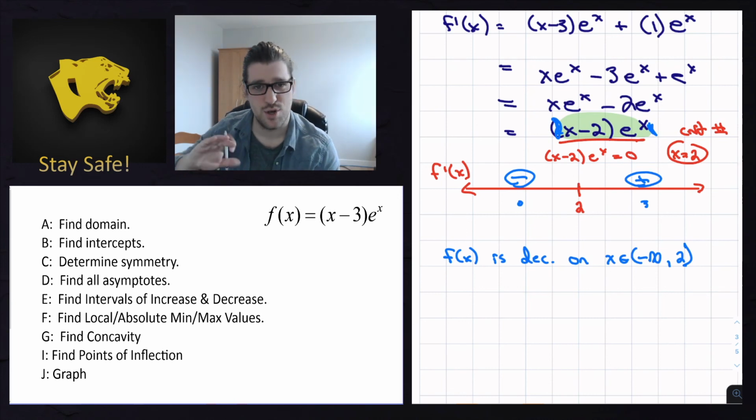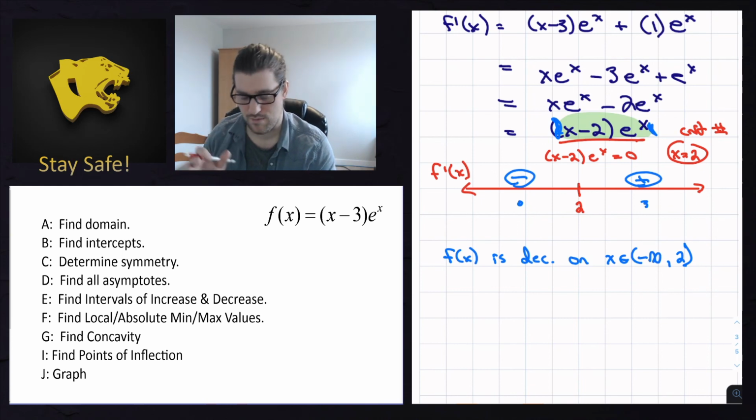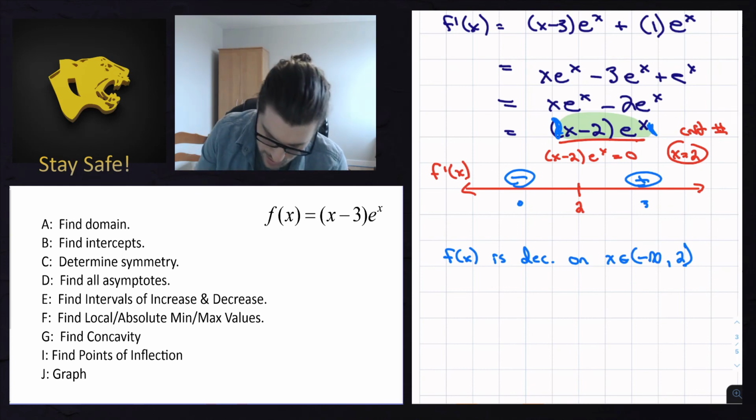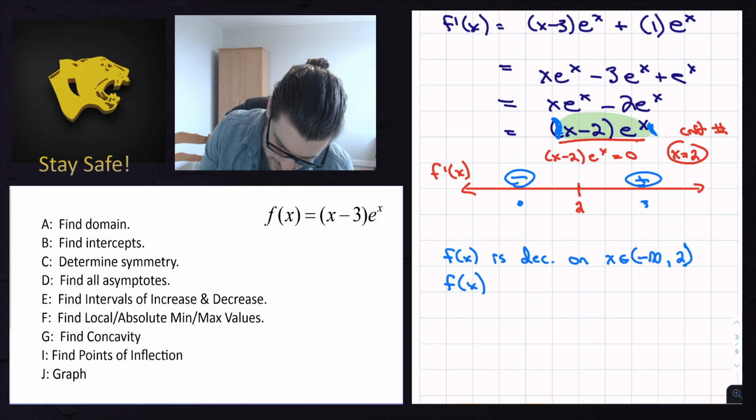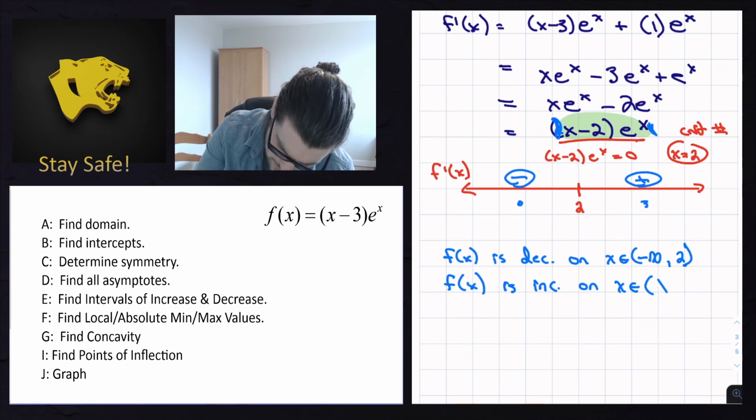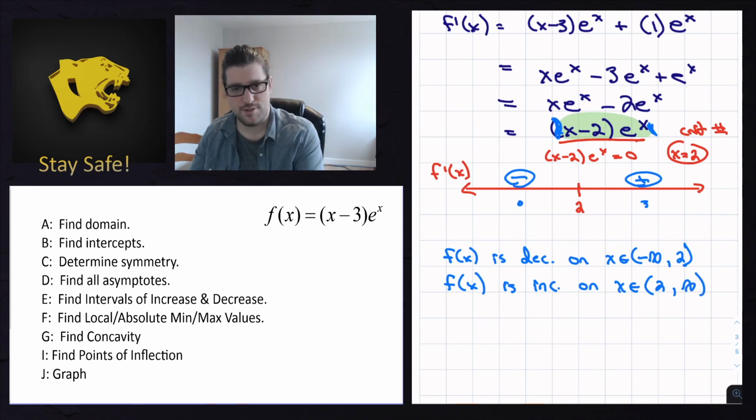So I just say it's an open interval, and it goes from negative infinity to just 2. f of x is increasing on x is an element from 2 to positive infinity. So there's only 2 intervals. It's really simple. It's just a single value.